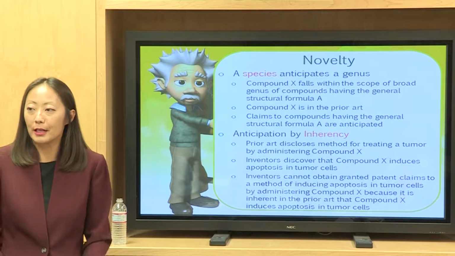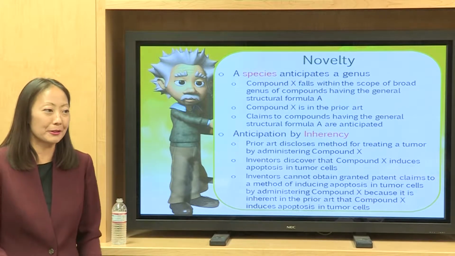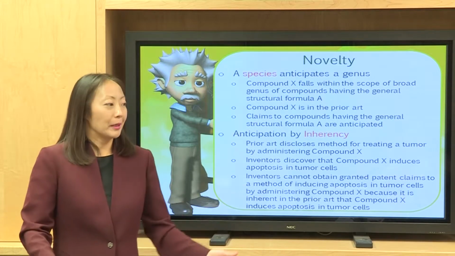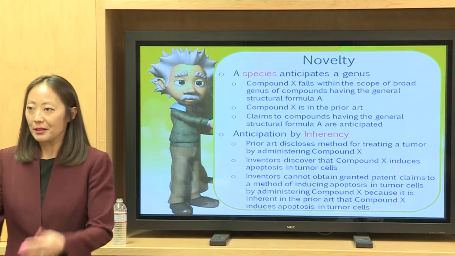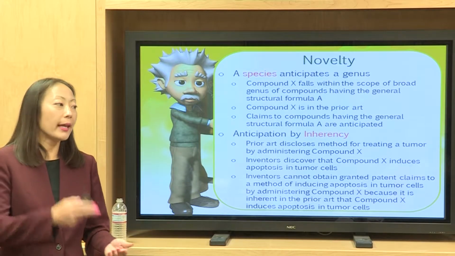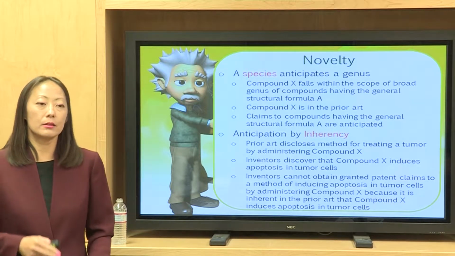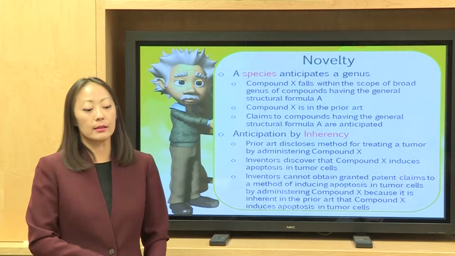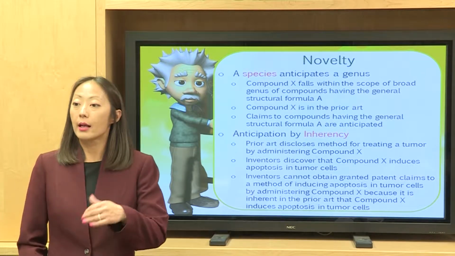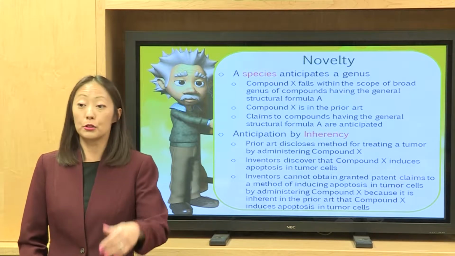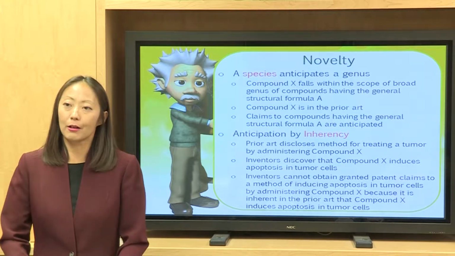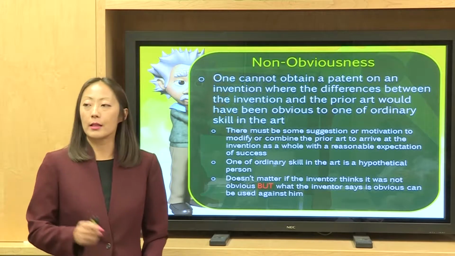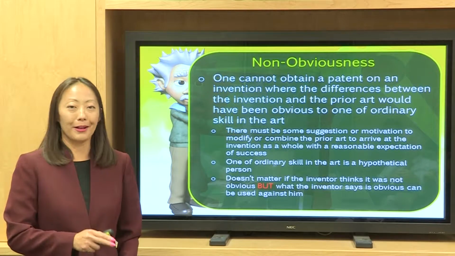And they come to the tech transfer office and the attorney, saying, I want to get a patent claim to a method of inducing apoptosis with compound X. Well, you can't get that patent claim because you will get a rejection called anticipation by inherency, because it's inherent that when that compound was used in the prior art to treat tumors, it caused apoptosis in the tumor cells.